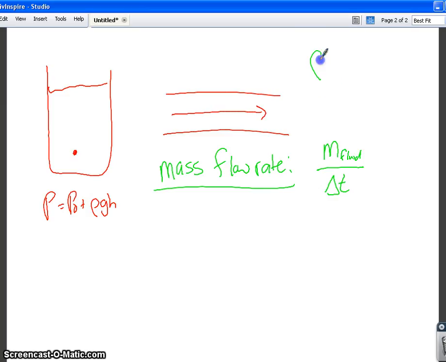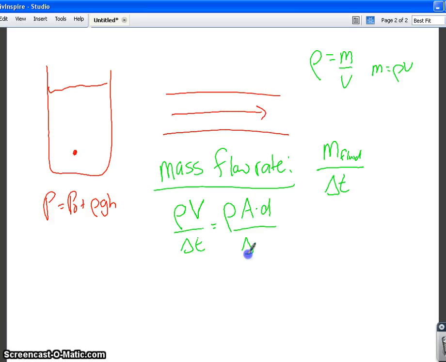We know that density is mass over volume. So mass equals density times volume. So mass flow rate is really going to be the density times the volume over time. Now, to further manipulate this equation, volume is the same thing as area times a distance, over time.